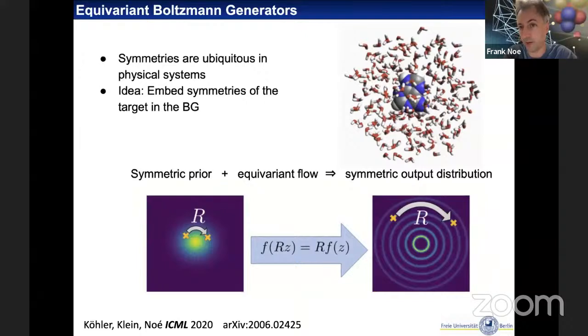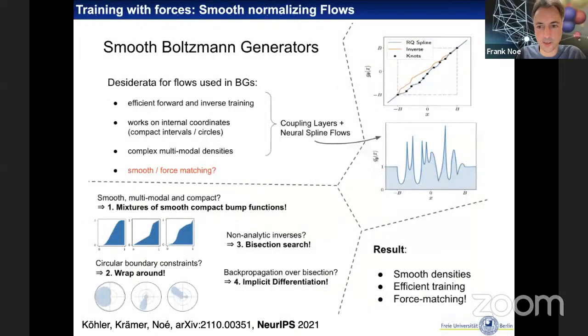We should generate a translated or rotated state with the same probability. Or we should simply not be susceptible to this transformation at all in a suitable representation, right? So that's one of the things we've worked on. How can we design normalizing flows, these invertible neural networks, such that they have certain symmetries.